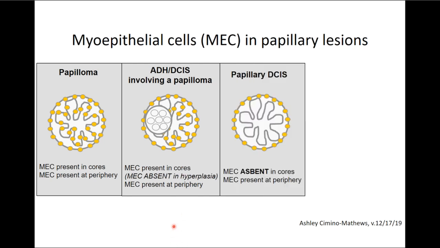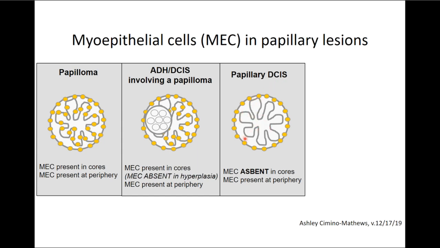As we progress mentally along this spectrum of papillary lesions, we can then talk about papillary DCIS. In this lesion, it's in situ, ductal carcinoma in situ, so we still maintain the myoepithelial cells at the periphery of the lesion, that is around the duct. That defines DCIS, ductal carcinoma in situ.